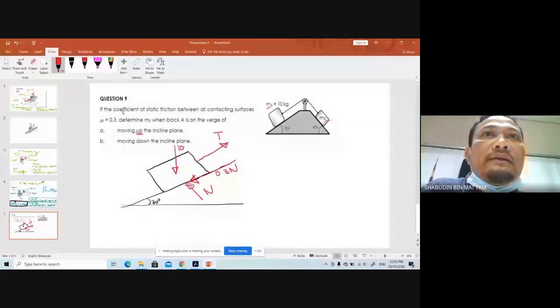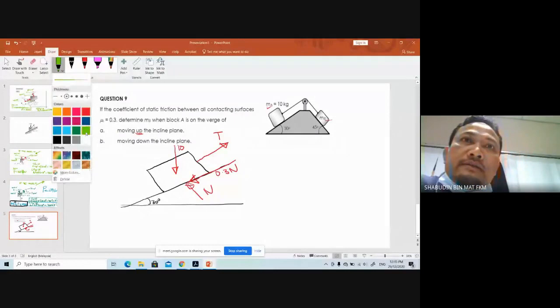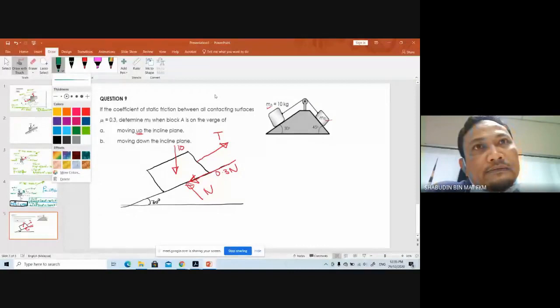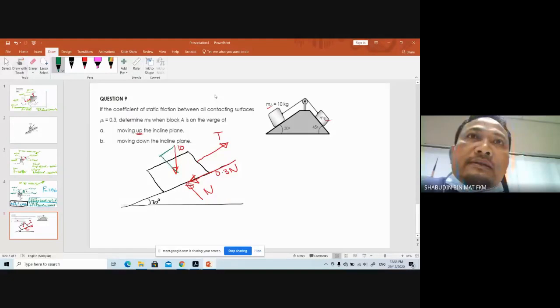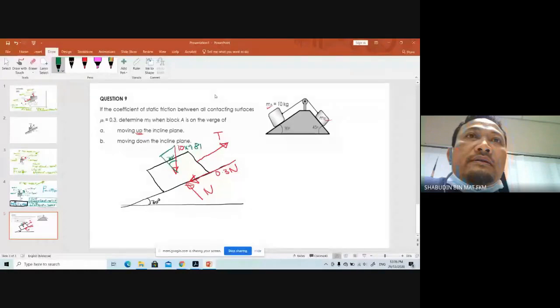Resolve all the forces not along the incline into X and Y components. That is 30 degrees. Here is times 9.81. So that component is 10 times 9.81 multiplied by sine 30 degrees.